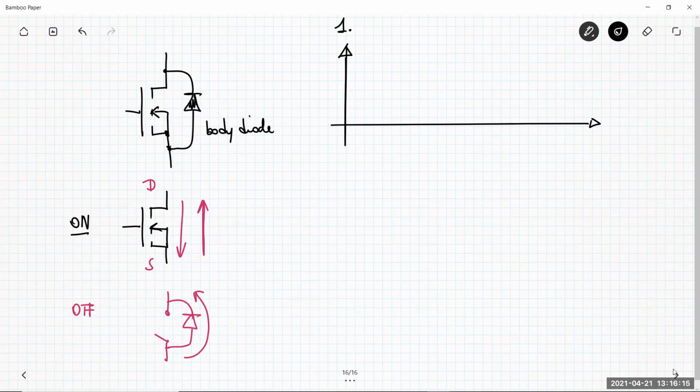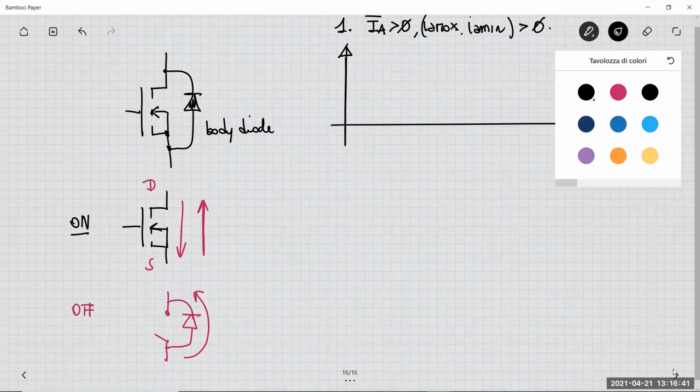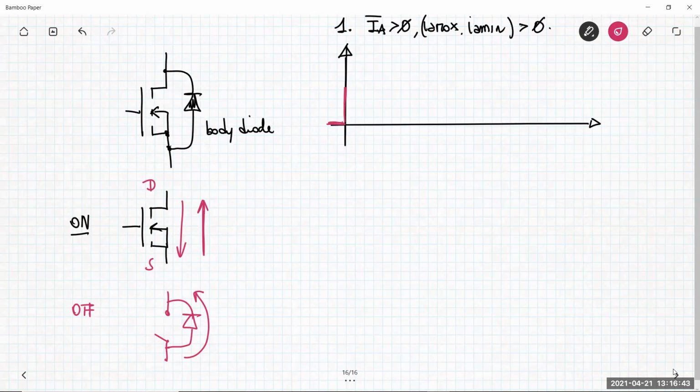Suppose that you have an average current which is positive, and the minimum and maximum current are both positive. So this is the situation that I'm going to graphically describe.